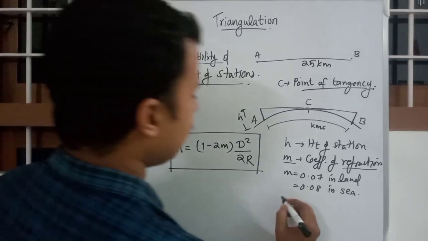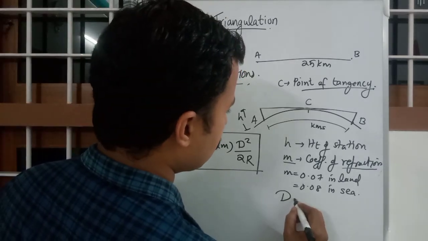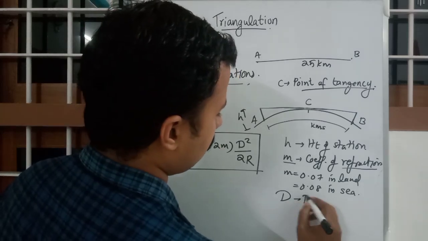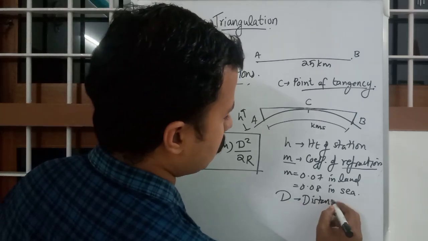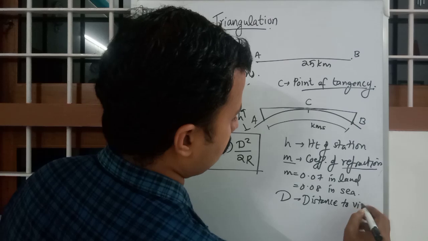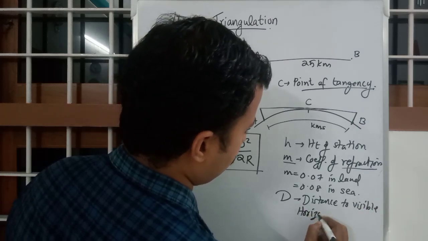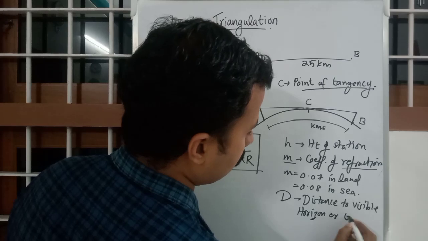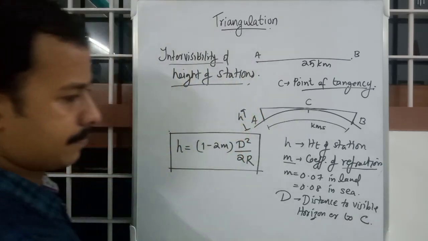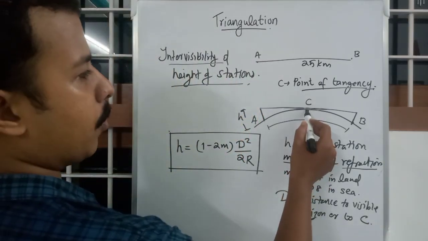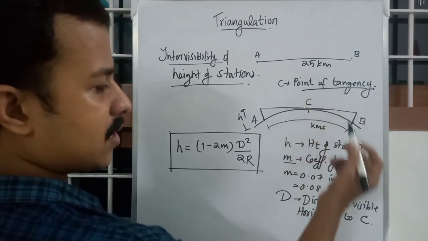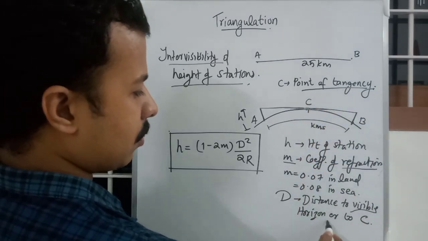And where D, capital D, is the distance to the visible horizon or to C. So C point is known as the point of tangency or visible horizon.